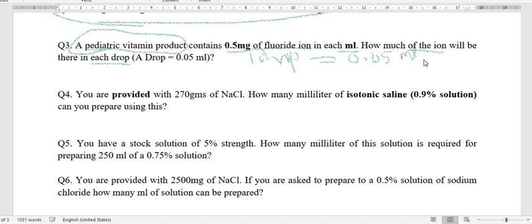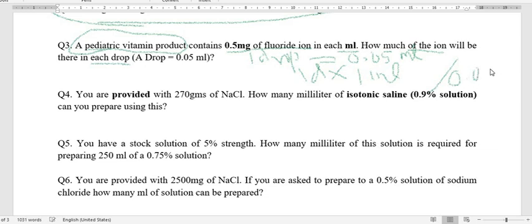If 1 drop is equal to 0.05 ml, we have to calculate for 1 ml. So how many drops does this 1 ml contain? We calculate like this: 1 ml multiplied by 1 drop divided by 0.05 ml.